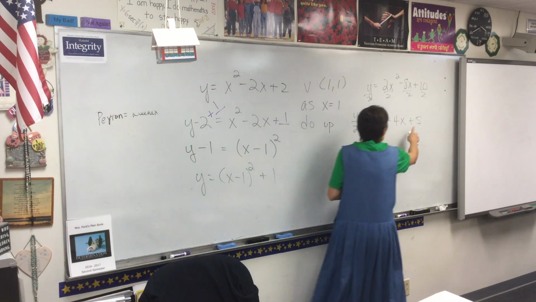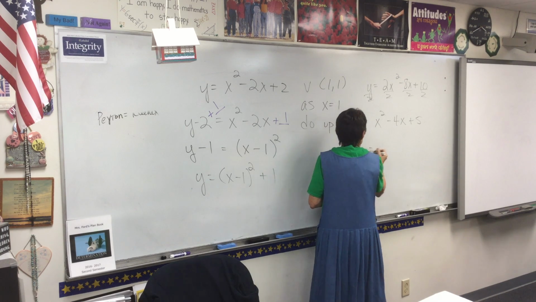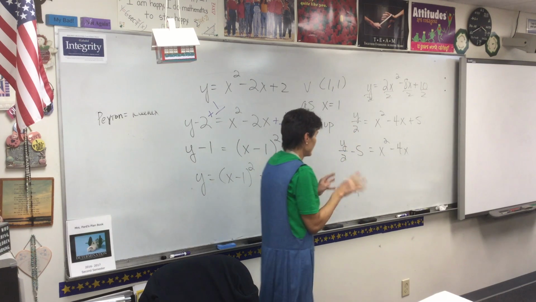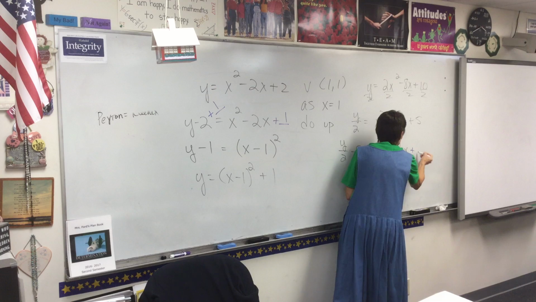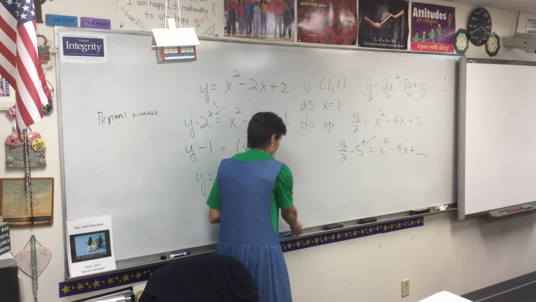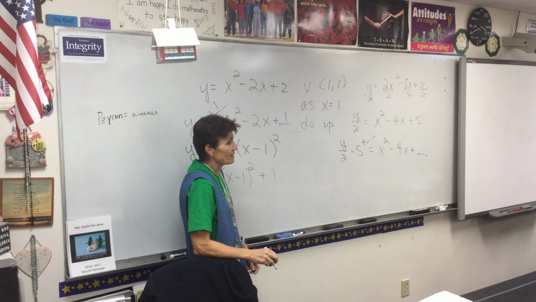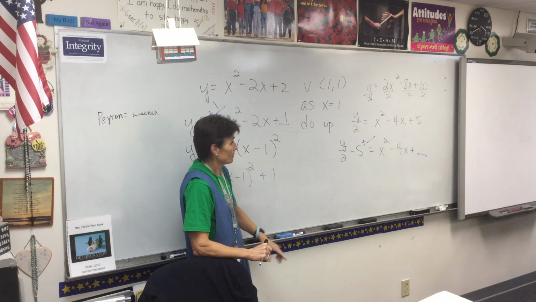Now we also have to move this over to this side, because the whole key is I gotta add a new number here. What's that number going to be that I'm gonna add? 4.